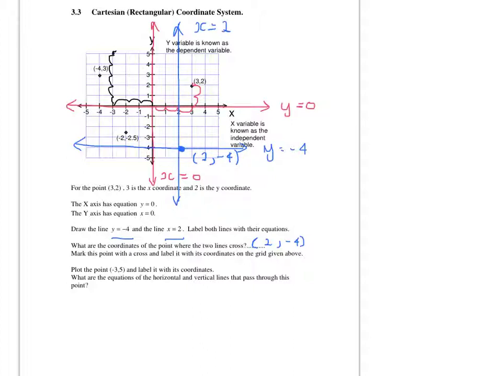So there is the point, -3 for the x-coordinate. Can't draw that very well. Let's rub it out and try it again. -3 for x, and for y we've got 5.